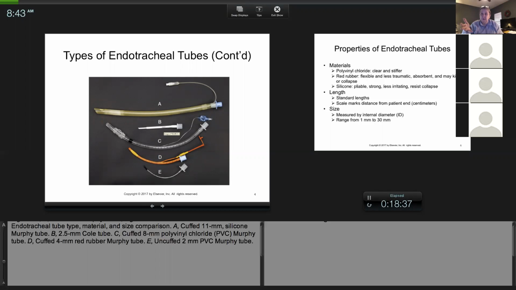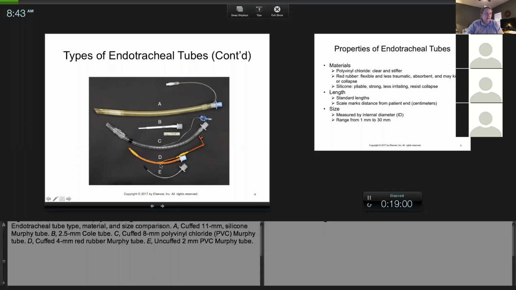You can see all that, and I like the clear tubes. They are more rigid. You can still use them in the airway, and you still have to be careful. A lot of these are human-based tubes. Humans have a natural curve to their trachea, so most of these tubes do come curved.